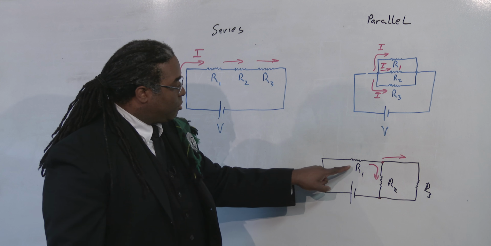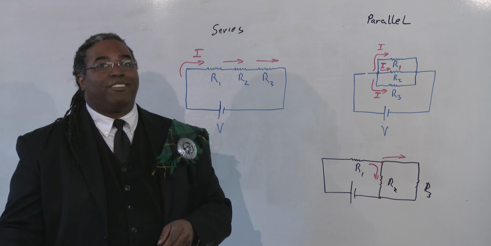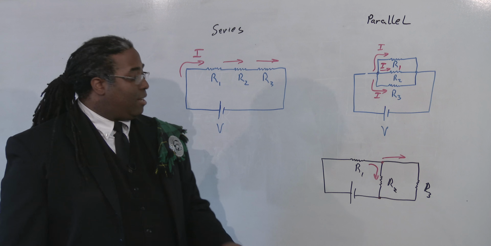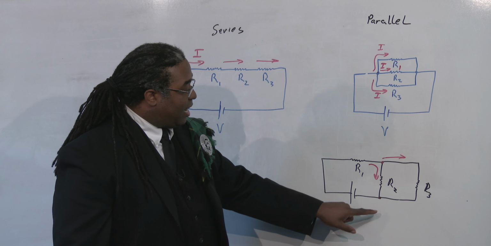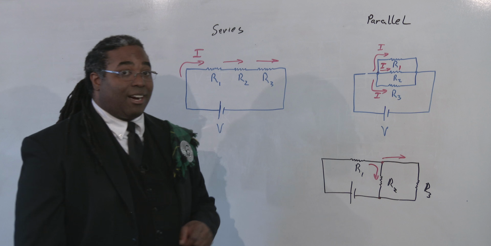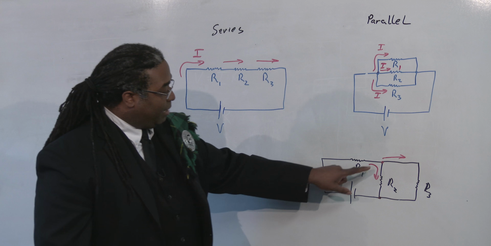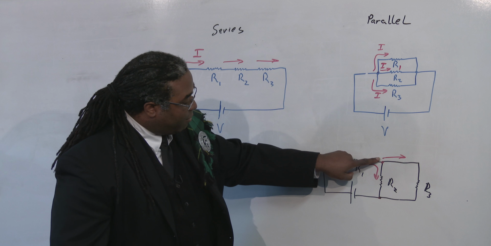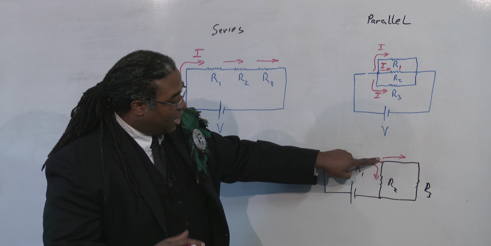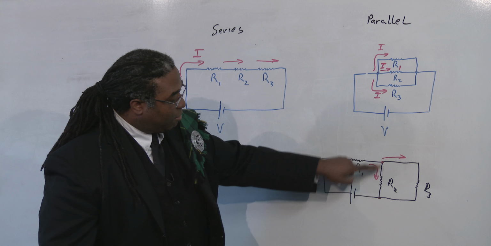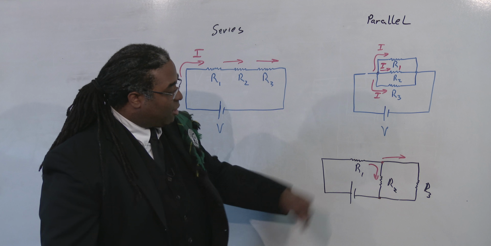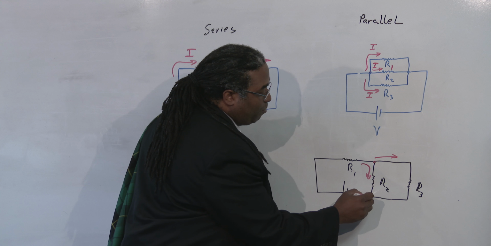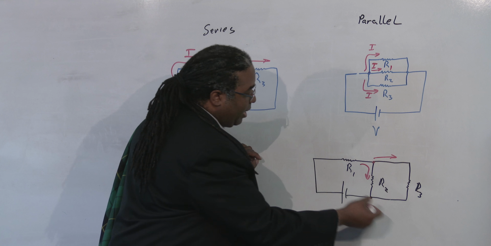So resistor 1 and resistor 2 are neither in series, nor are they in parallel. But you can look at the circuit and see that resistor 2 and 3 are in parallel with each other. Why? Because resistor 3 and 2 both reference, on each side of their resistors, the same junction respectively. And the current has options which way it goes. If it goes through 2, it doesn't have to go through 3, it can go back here onto the power supply.